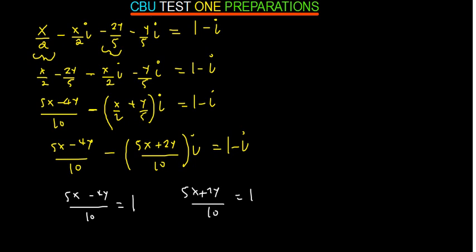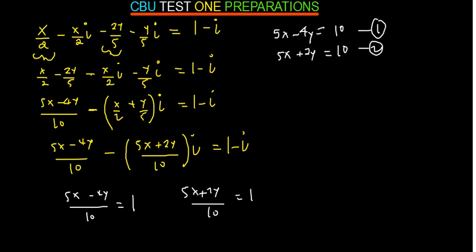From here, cross multiply. So it's going to give us 5x minus 4y, that is going to be equal to 10 times 1, that is 10. It's going to be equation 1. And then also down here, cross multiply, we're going to have 5x plus 2y, and that is going to be 10 times 1, that is going to be positive 10. This is going to be equation 2.